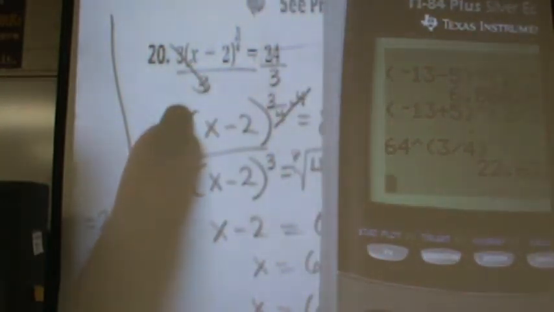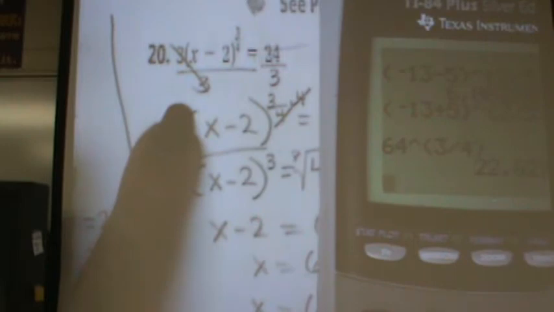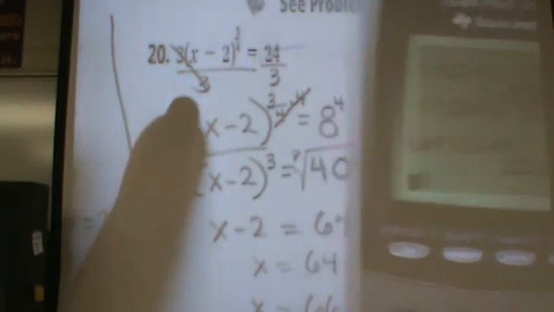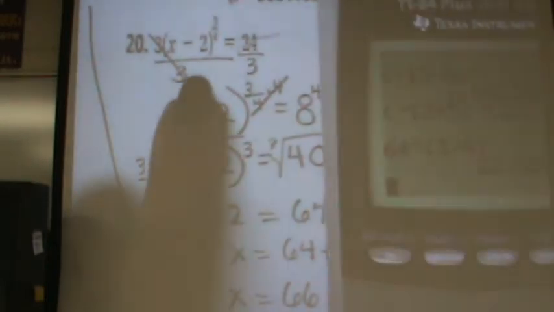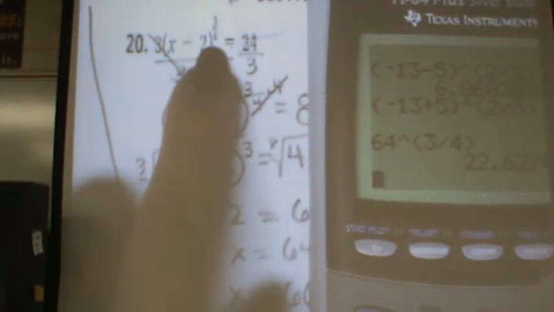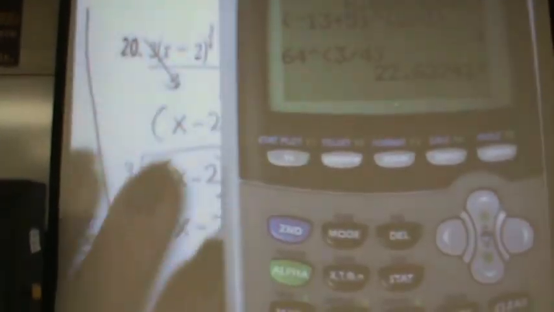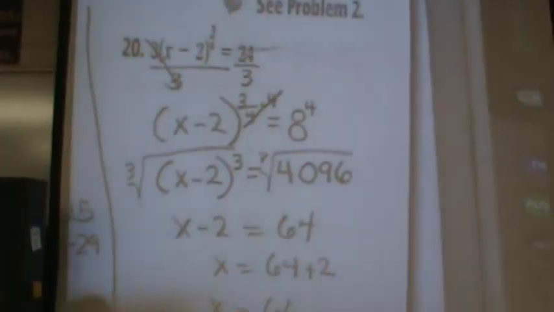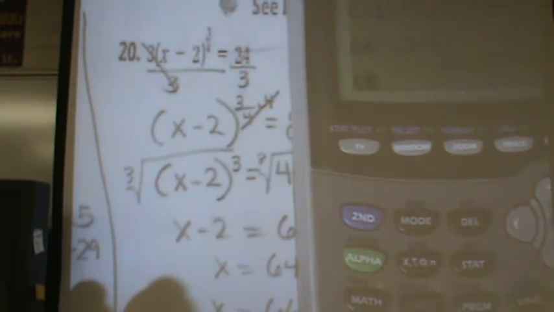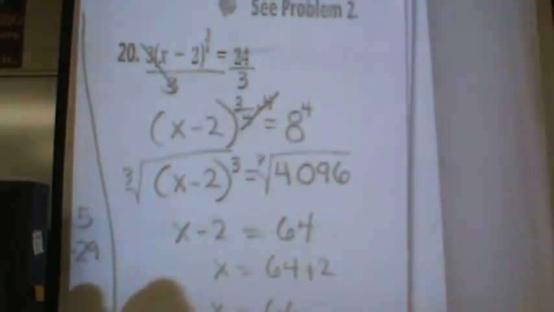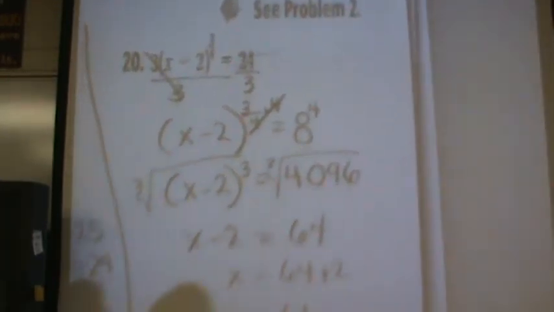The cube root of 4,096 is 16. Third root of 4,096 is 16, it's not 64. So we have a mistake, right?